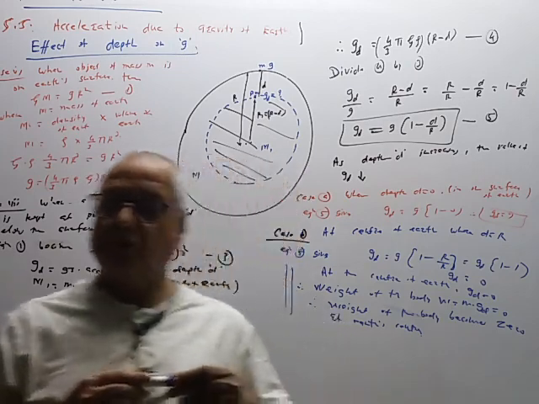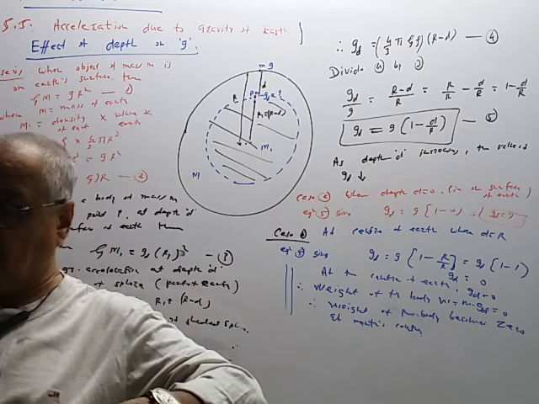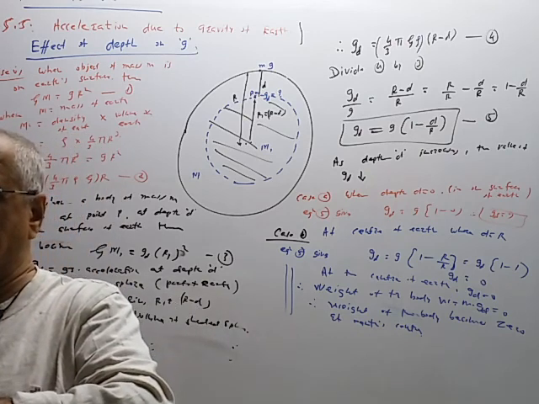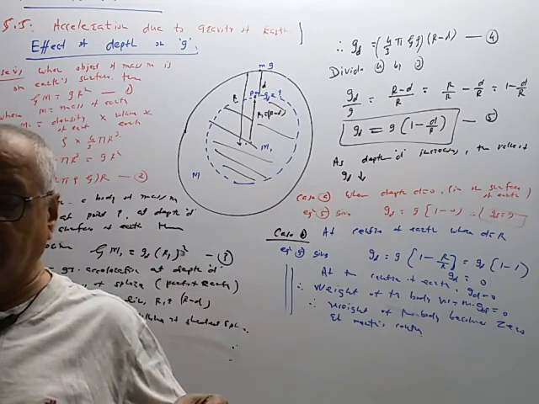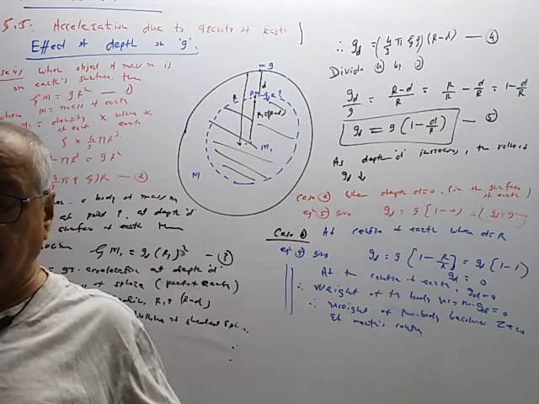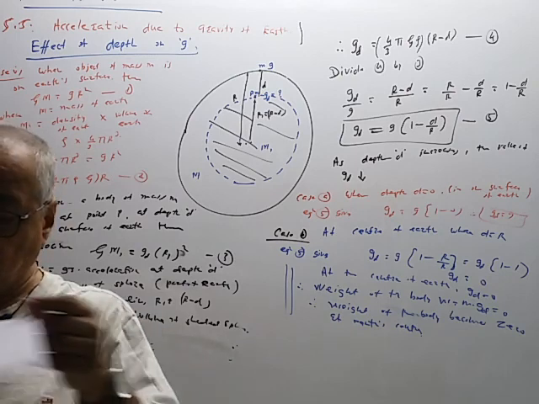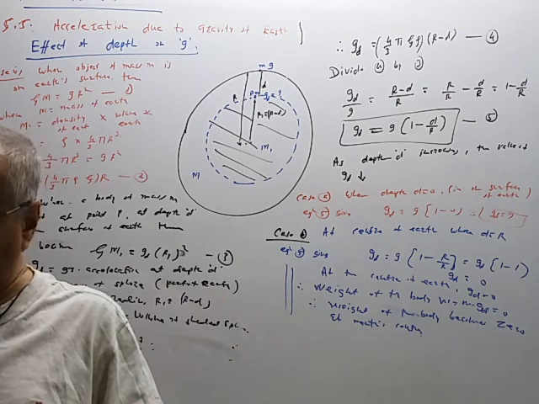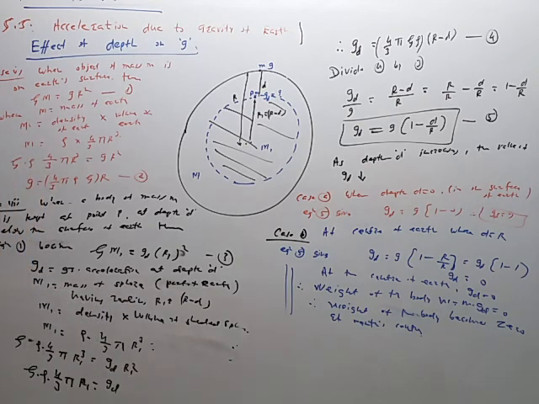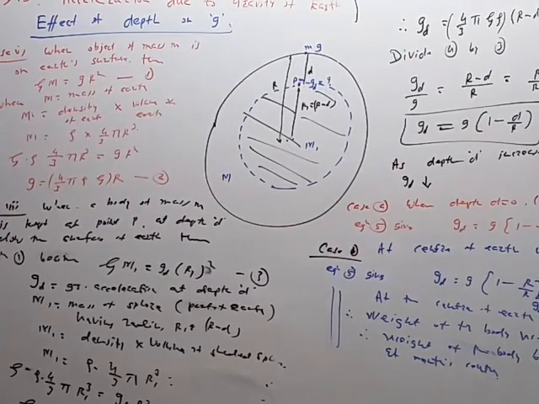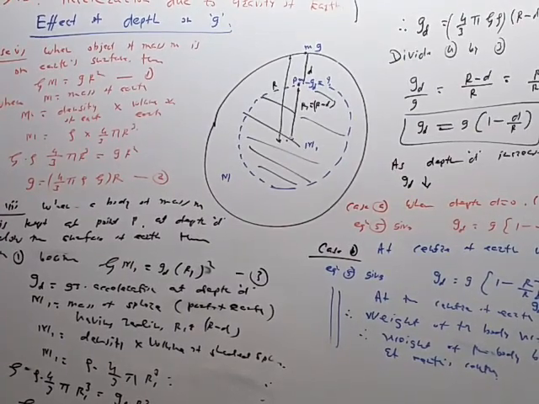म्हणजे जी ची व्हॅल्यू मॅक्झिमम अर्थच्या सरफेसवर आहे आणि नंतर depth प्रमाणे decrease होते. So as height increases, depth increases, this gravitational acceleration decreases. So g varies with height h and with depth d.